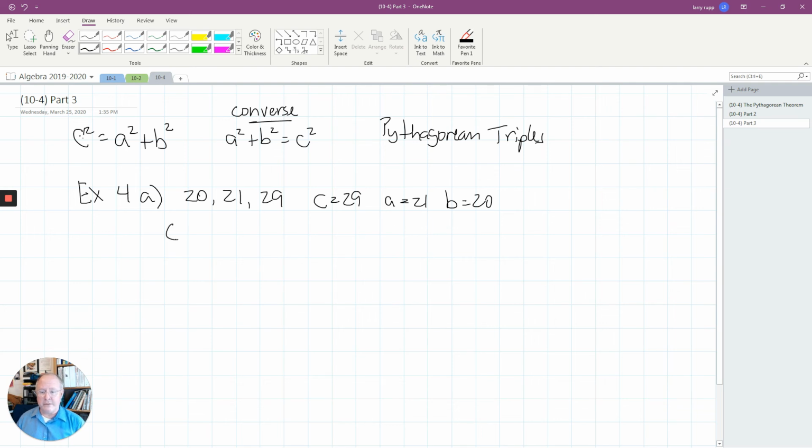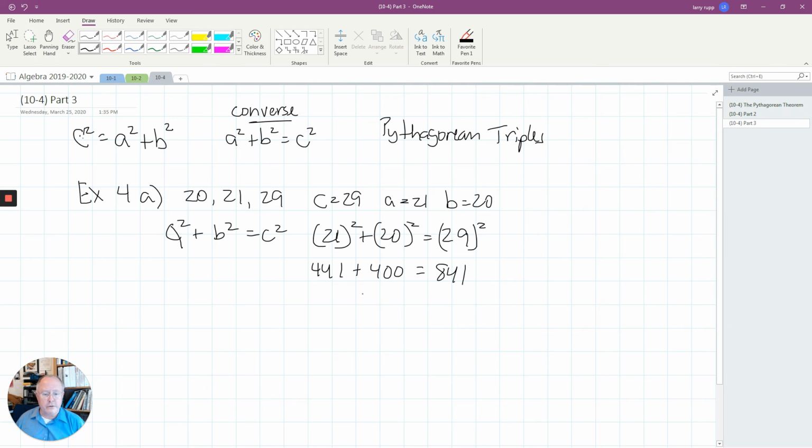So we come back over here and say a squared plus b squared is equal to c squared. Therefore, 21 squared plus 20 squared is equal to 29 squared. And if you come out with an identity at the end, then this is a Pythagorean triple. So let's work that out. 21 squared is 441 plus 20 squared, which is 400, equals 29 squared, which is 841.